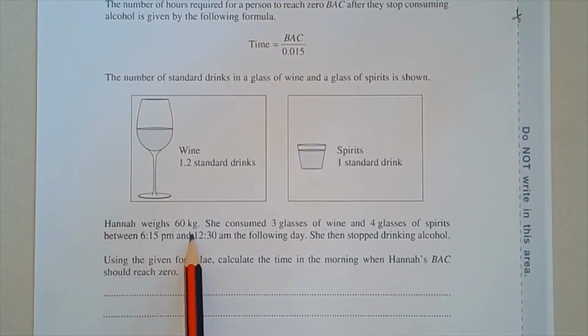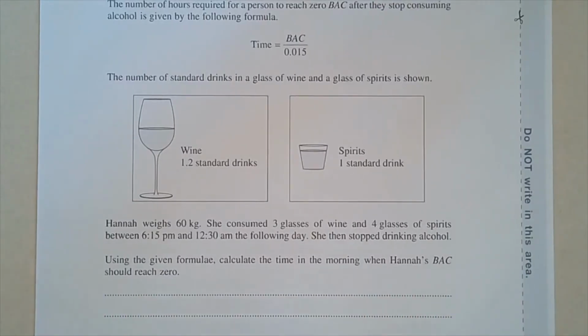Hannah weighs 60 kilograms. She consumed 3 glasses of wine and 4 glasses of spirits between 6:15 p.m. and 12:30 a.m. the following day. She then stopped drinking alcohol. Using the given formula, calculate the time in the morning when Hannah's BAC should reach 0.